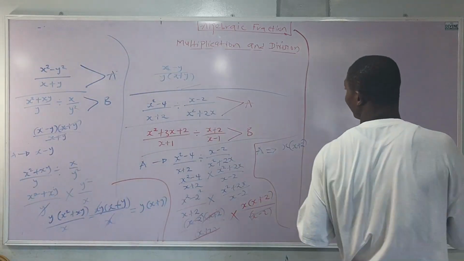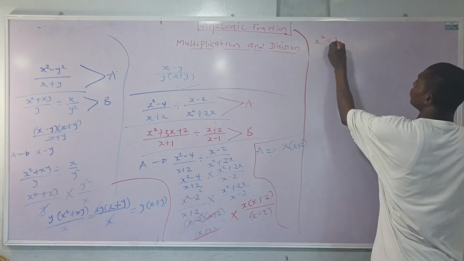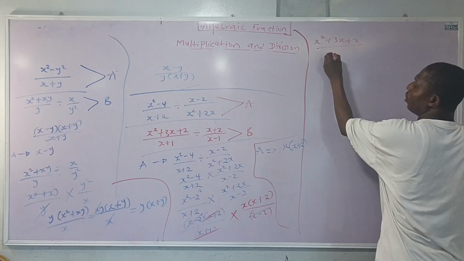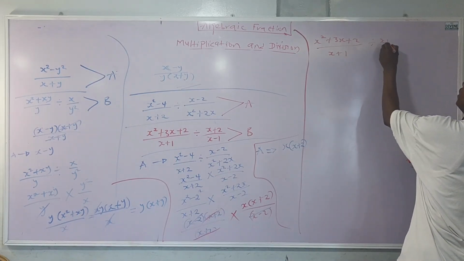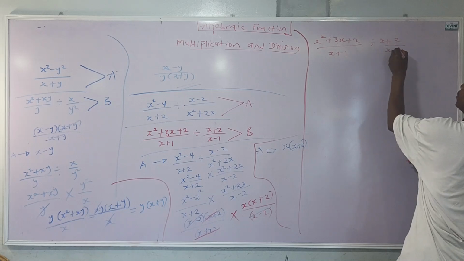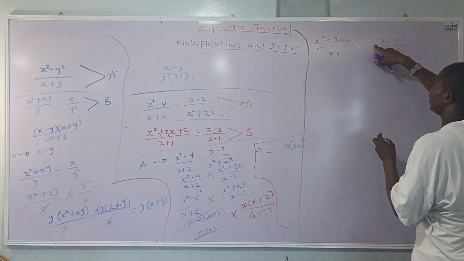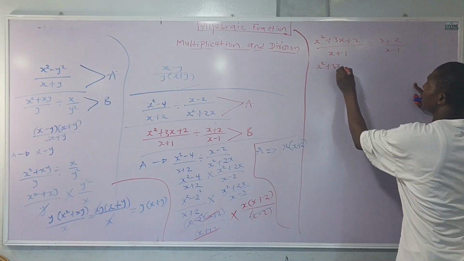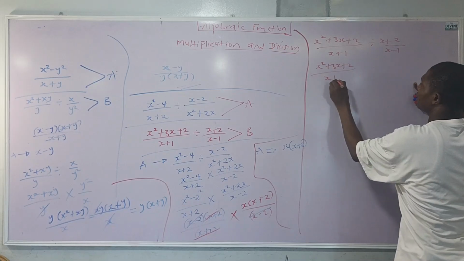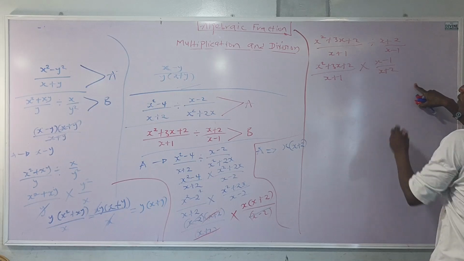Doing that to our denominator is x squared plus 3x plus 2 all over x plus 1 divided by x plus 2 all over x minus 1. Now we change our division to multiplication again and interchange the right-hand fraction to give us x squared plus 3x plus 2 all over x plus 1 times x minus 1 all over x plus 2.